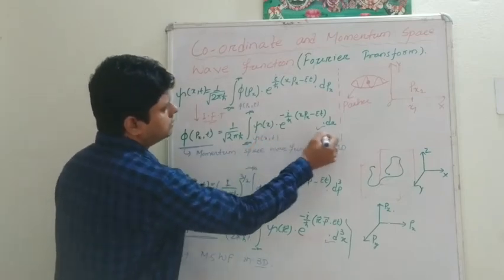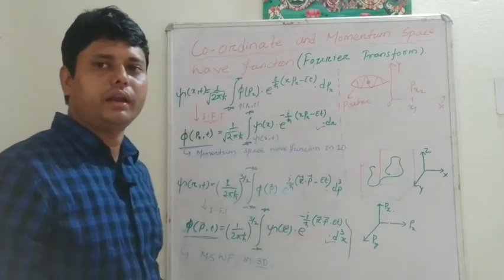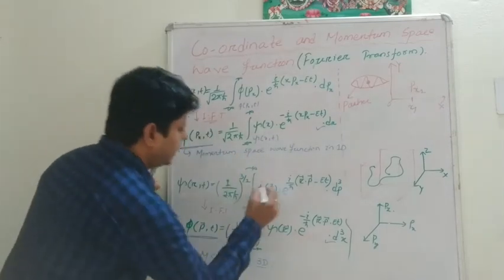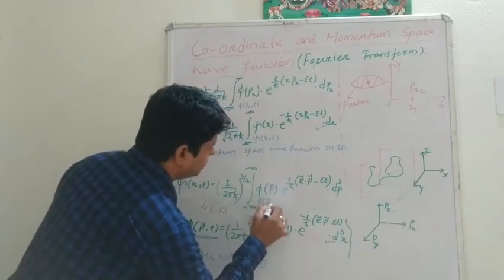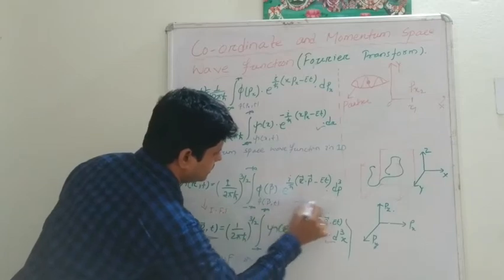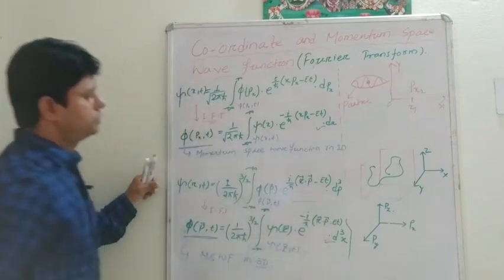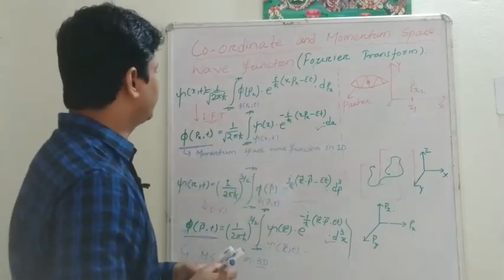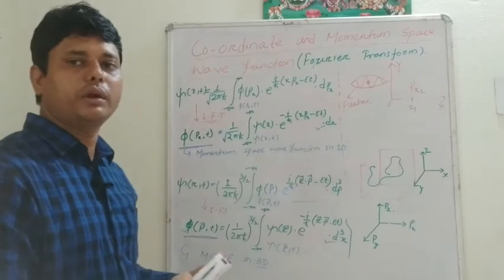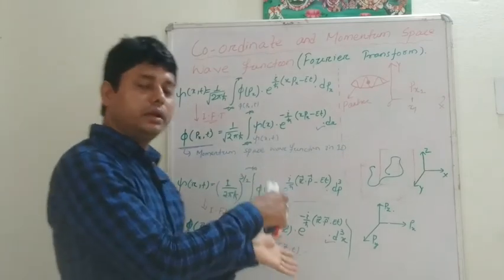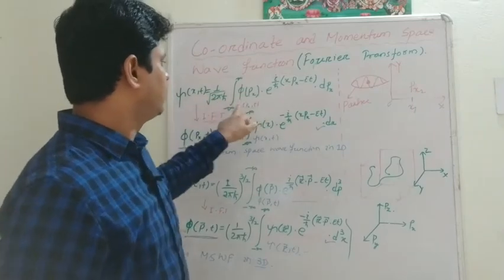Here also some books have written phi p as a function of t, and psi as a function of r and t. In our next video, whenever we do the expectation value and corresponding operators in momentum space and coordinate space, we are going to use phi px t.